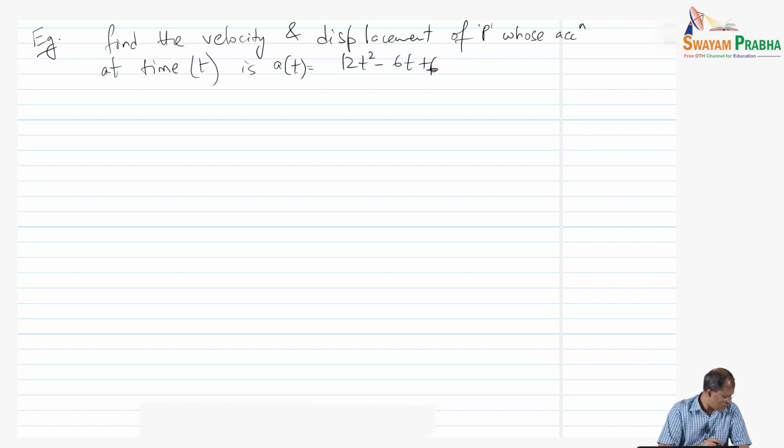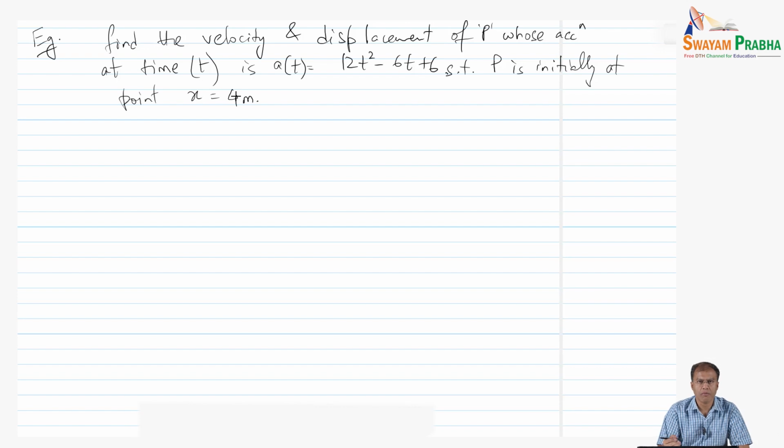So now we need to give some conditions as well, such that P is initially at point x equal to 4 meters.